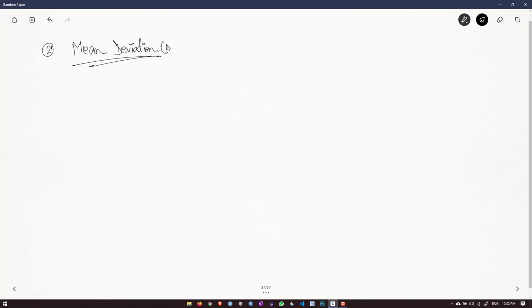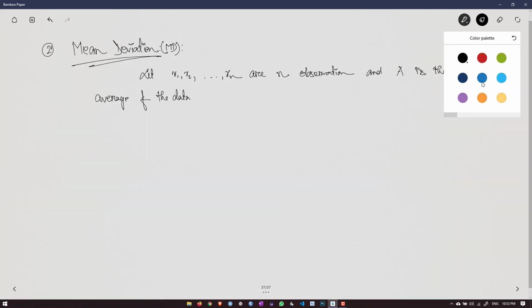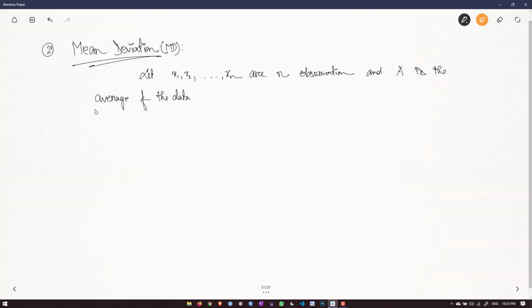Mean deviation, in short we call it MD. Let x1, x2 up to xn be n observations and A is the average of the data. By average here I am not particularly meaning arithmetic mean.